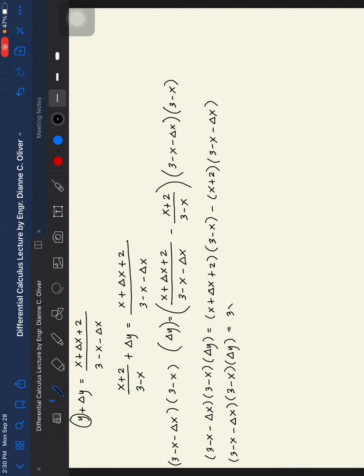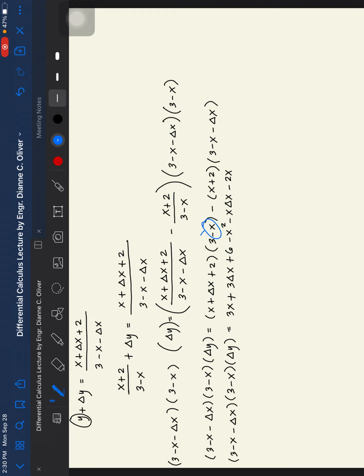Distribute: we have 3x plus 3 delta x plus 6. Next is negative x multiplied to the equation, so we have negative x squared minus x delta x minus 2x.